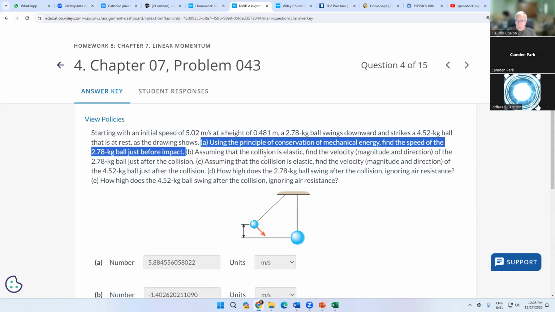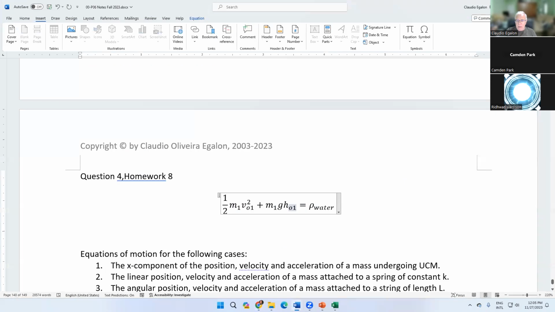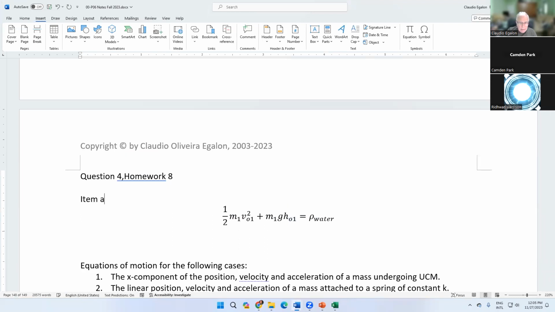Assuming that the collision is elastic, find the velocity, magnitude, and direction of the 278 kilogram ball just after the collision. Okay, so from item A you found V final of 1, right?